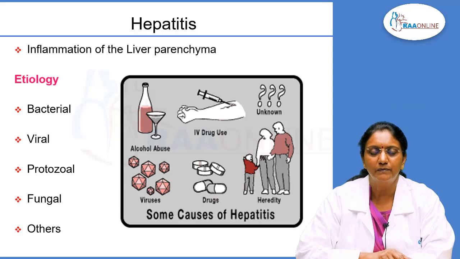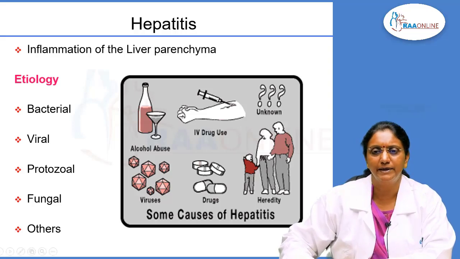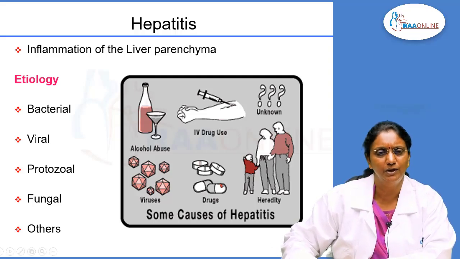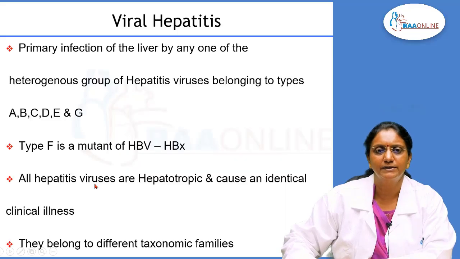Certain medicines, most notorious is paracetamol, can also cause drug-induced hepatitis. Sometimes IV drug users can also get hepatitis. Of course, there is a hereditary component also, and sometimes without any reason the person can develop hepatitis. So the causes can be unknown, which is classified under idiopathic.